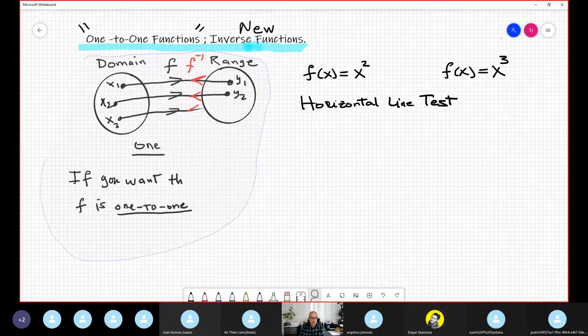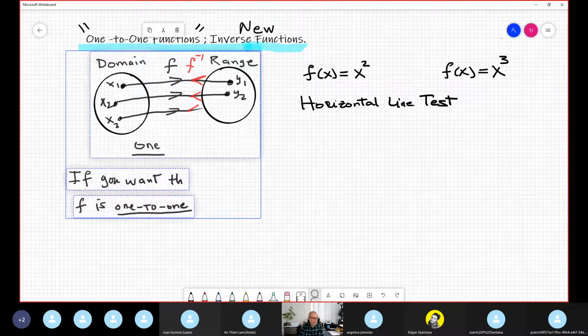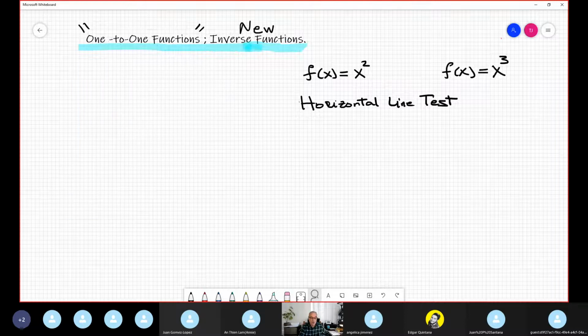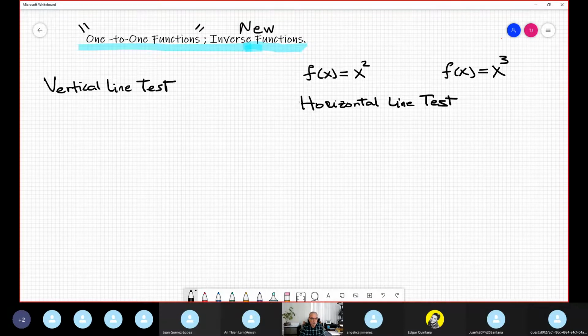The vertical line test allows me to determine if the graph is the graph of a function or not. Let me recall quickly. Vertical line test. Okay, look at that.